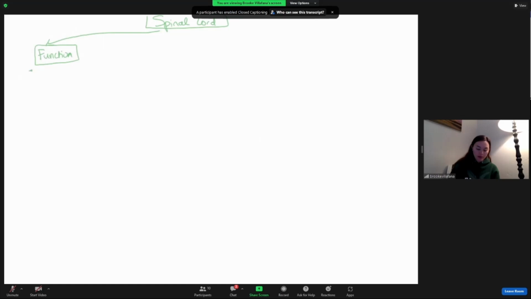So we talked about our sensory versus our motor, and then we talked about the location of all of our cell bodies. So you could probably make a little outline of this. If outlines really help you, you could do a sensory side and a motor side.